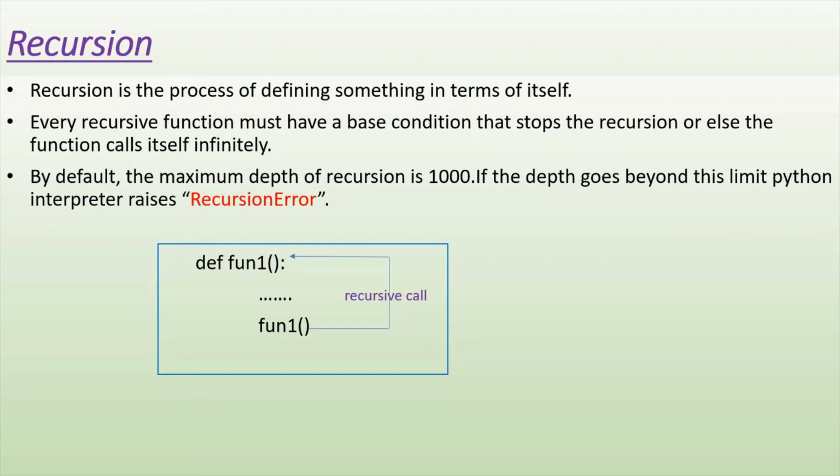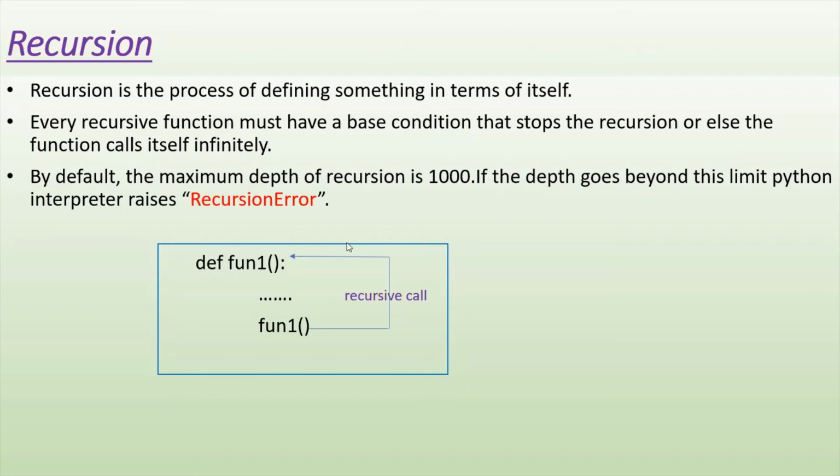If you are implementing a recursive function, it means we make the same function call itself. And the second point is every recursive function should have a base condition to stop the recursive function calls. Otherwise, the recursive function call would go in an infinite loop. And in Python, by default, we have a depth of recursion as 1000. If the depth goes beyond this limit, the Python interpreter raises a recursion error.